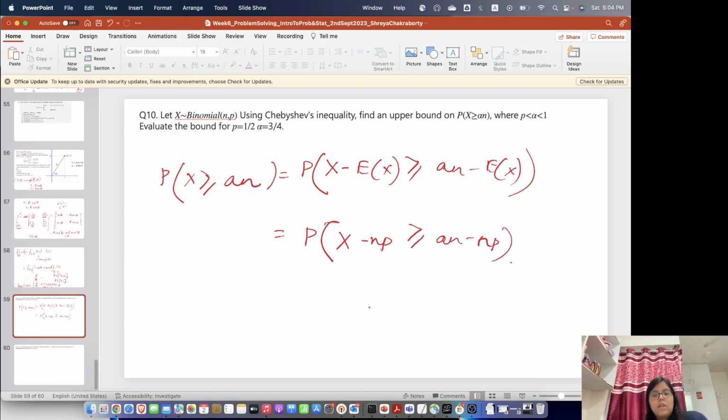Then this is less than or equal to the probability that the mod of X minus np is greater than or equal to an minus np.